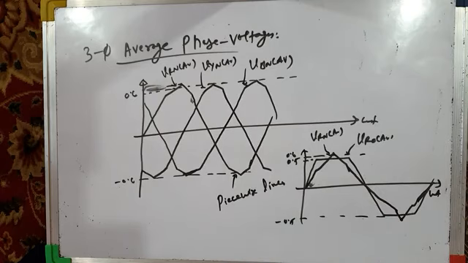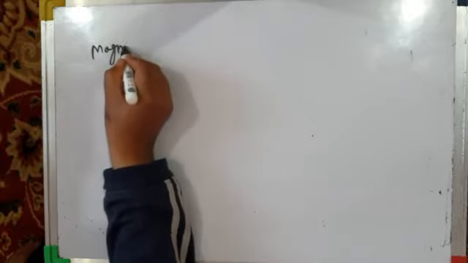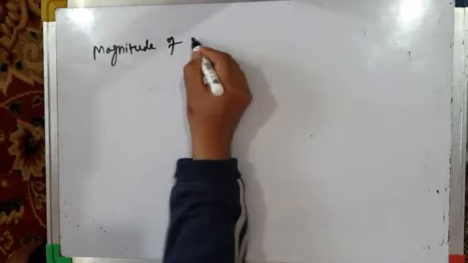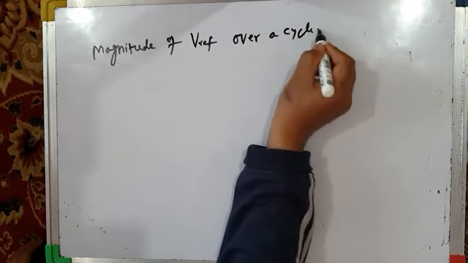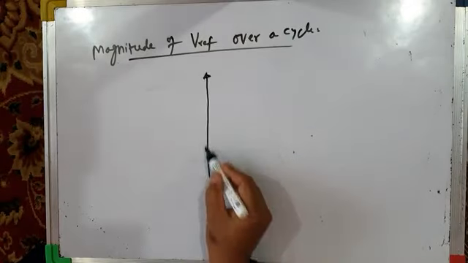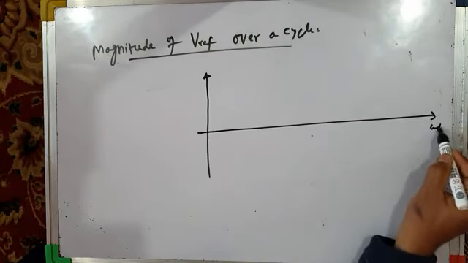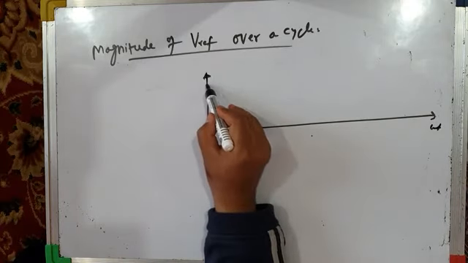Okay. Now let us see it from the space vector perspective. From the space vector point of view, we'll write the magnitude of Vref over a cycle. Now Vref will again vary with angle or with fundamental time, but its magnitude will further increase.